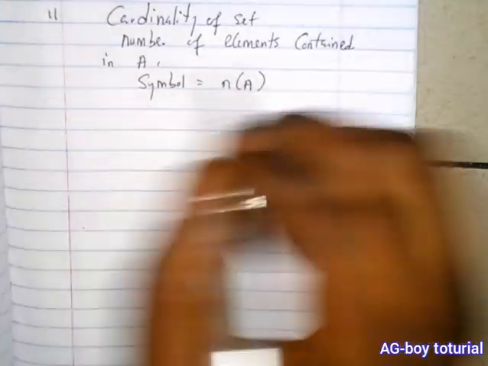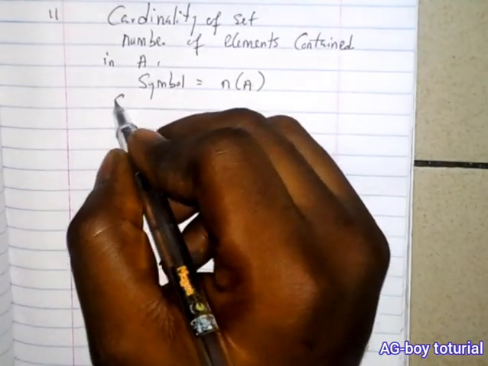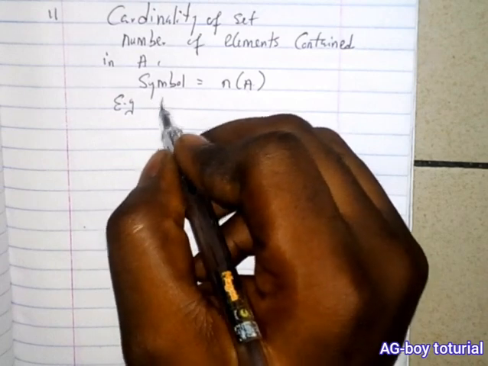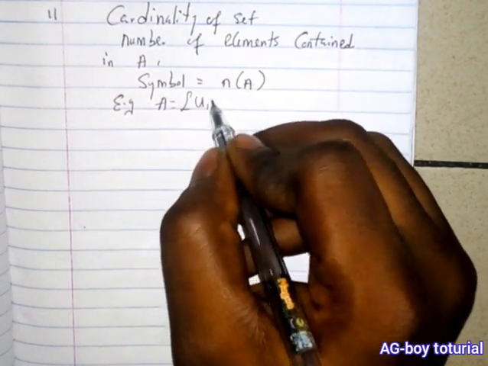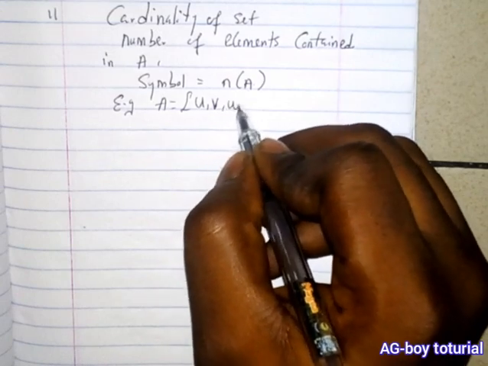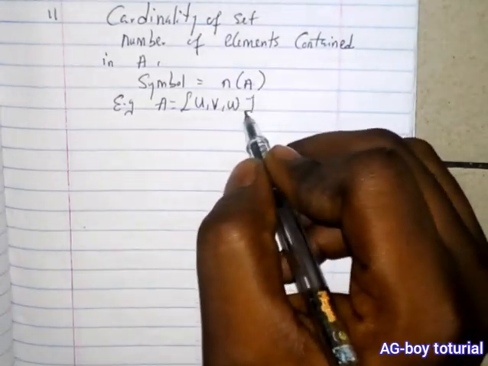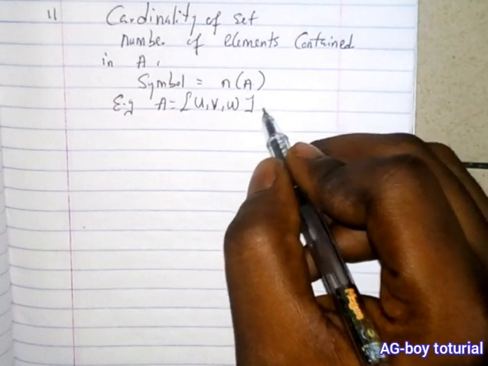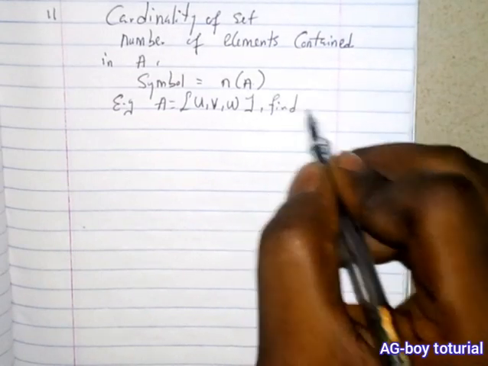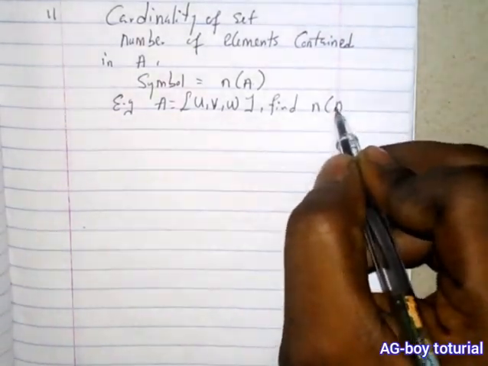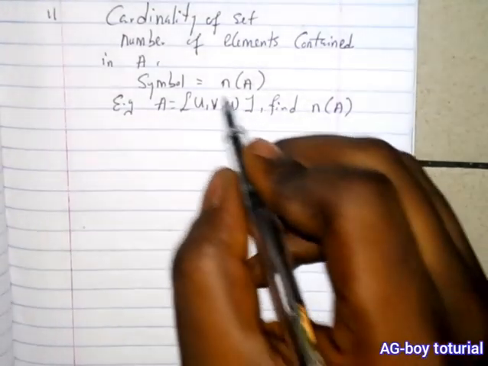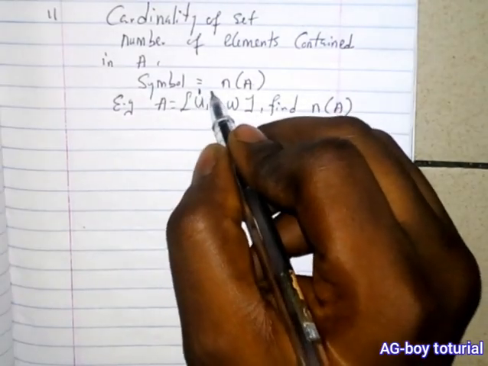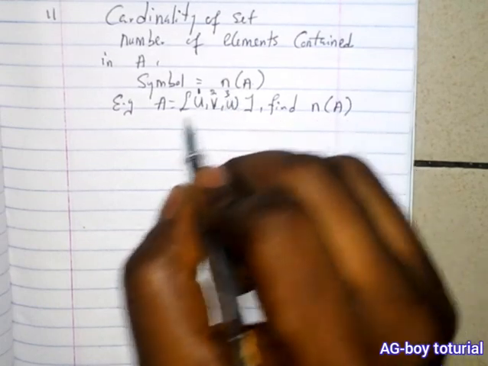Yeah. So let's say, for example, A is equal to UVW, and we're asked to find N of A. Then, if we count it, we have 1, 2, 3.